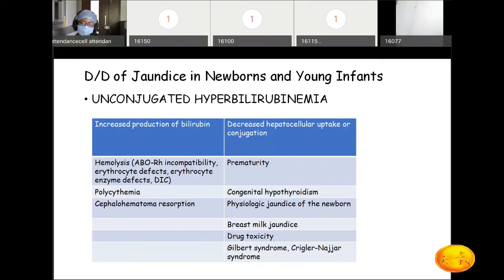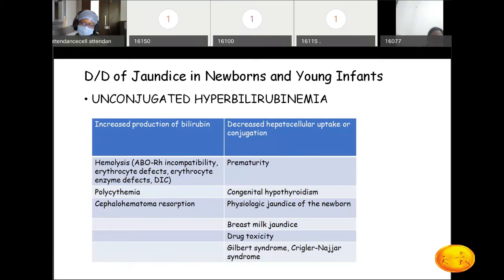That is one. Now, if the total number of RBCs themselves is increased, for example in polycythemia, as in newborn babies, you'll get polycythemia in cases of delayed cord clamping.